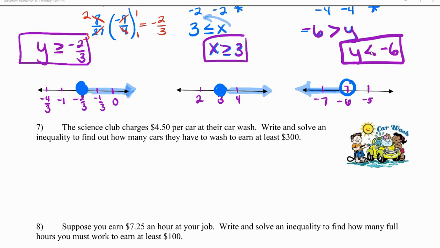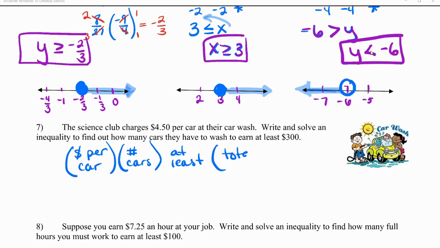The Science Club charges $4.50 per car at their car wash. We want to first write an inequality to represent the situation, and then solve to find out how many cars they have to wash to earn at least 300. So how we would determine the amount of money they're collecting is we would take the price per car, multiply that times the number of cars, and we want that amount to be at least whatever their total goal is.